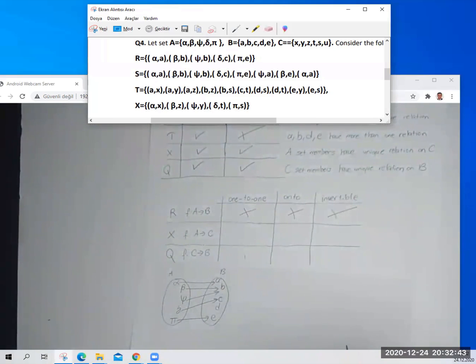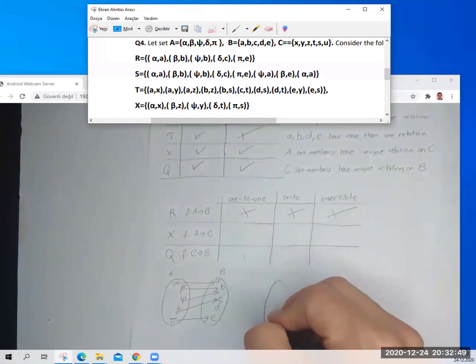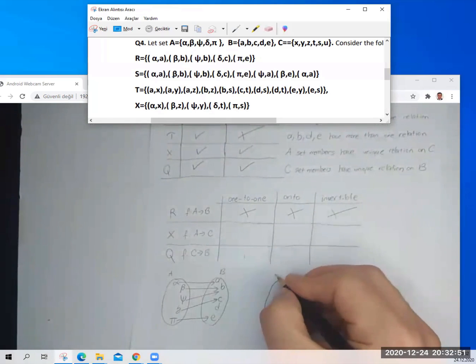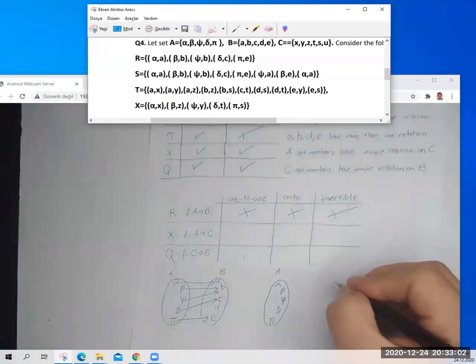So it is the relation, and also A to C. Let's look at A to C: alpha, beta, psi, delta, pi. And what is the C?